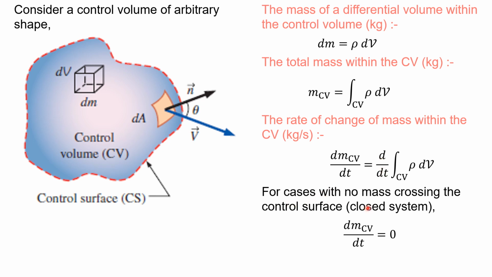In the case with no mass crossing the boundary, or a closed system, dm CV over dt becomes 0 because no mass is exchanging. These are some of the formulas for you to understand where they are derived from and how, just for your understanding.